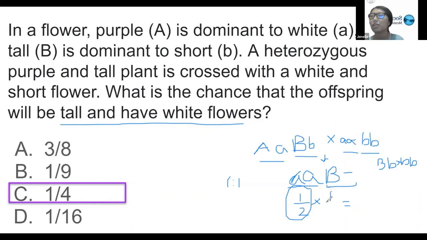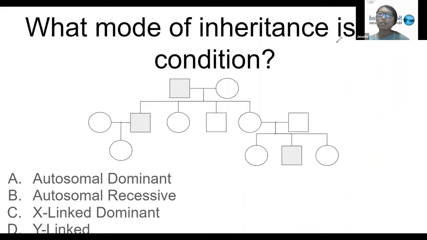So then you would have that 1/2. And then that's how you get that 1/4. Apologies for that earlier mistake. It was because it wasn't a monohybrid cross, but it was actually a heterozygous crossed with the recessive. So that's how you get to that final answer of 1/4.